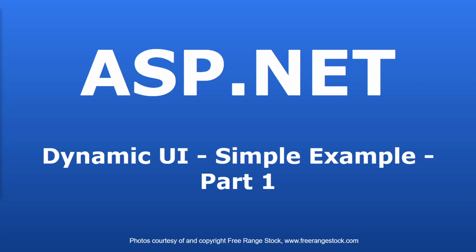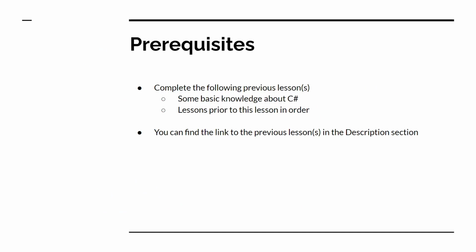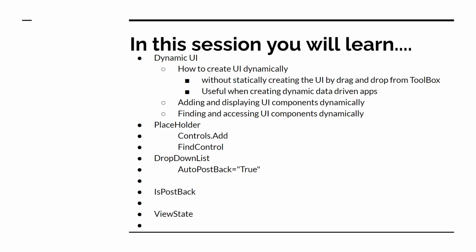Hi everyone. So the lesson is Dynamic UI, Simple Example Part 1. We'll be using these tools for this lecture, and make sure you have gone through these prerequisites before you follow this lecture. In this practical lesson, you will be learning about Dynamic UI and how to create a user interface dynamically.